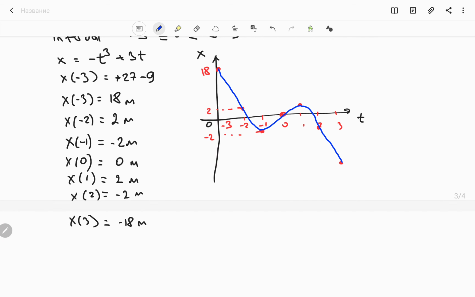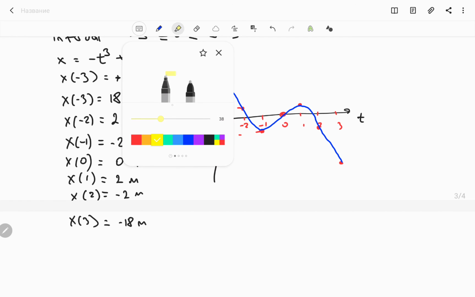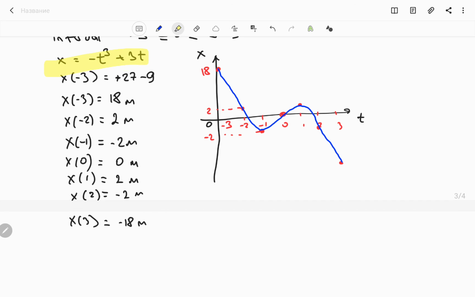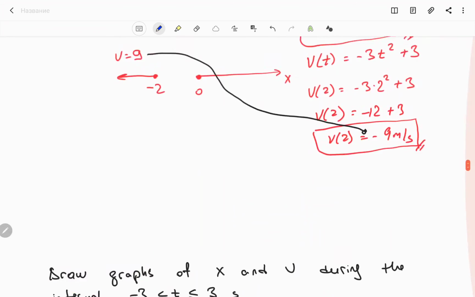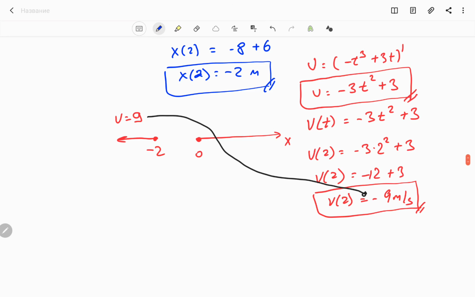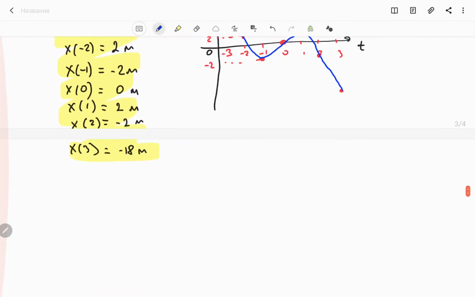Velocity versus time graph. So again, we need to draw this kind of table, but for the velocity. For the velocity, we have an equation which is minus 3t squared plus 3.